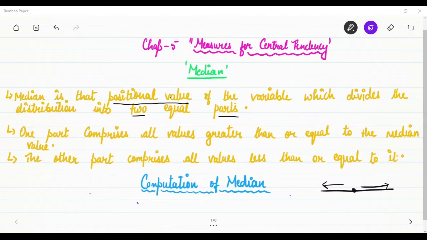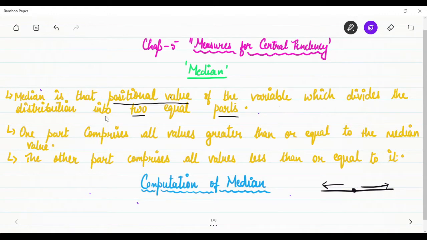So let's start with the definition of median. Median is that positional value of the variable which divides the distribution into two equal parts. So we can say that median is all about the positional value of the variable, where it lies. What is the position of the variable?